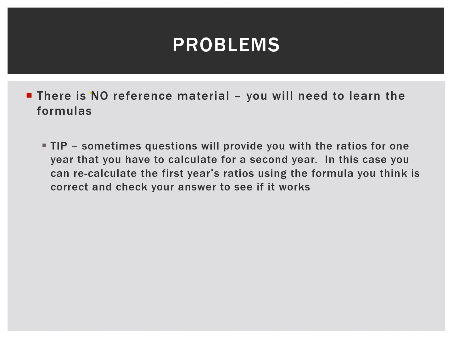Very often in questions you'll be given the ratios for one financial year and then asked to calculate them for a second financial year. In that case, it's easy to make sure that you've got the formula correct by recalculating the ratios for the year that are already given to you, and you can then apply those to the second year.